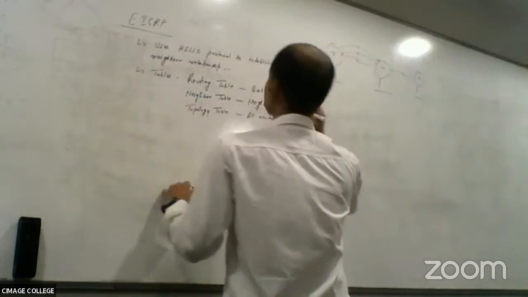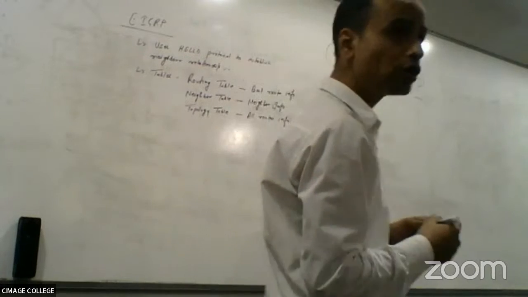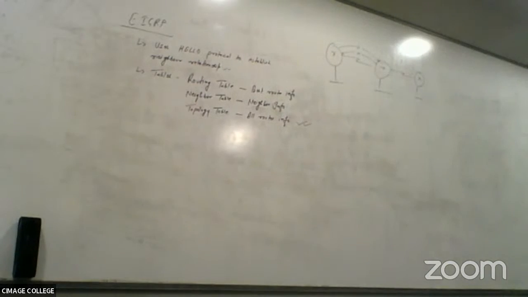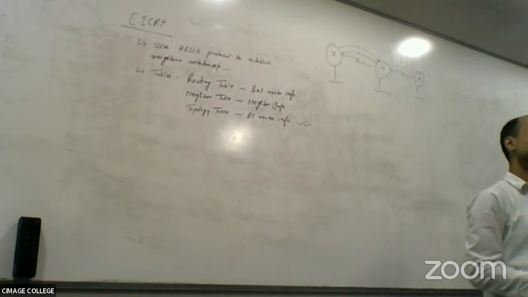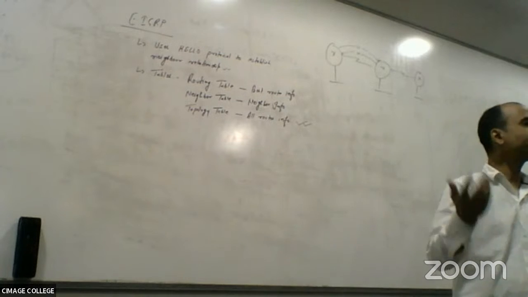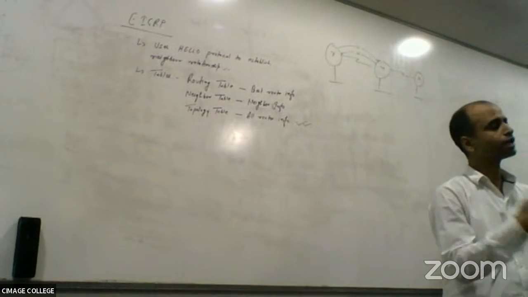So EIGRP creates a topology table in which it keeps information about all routes. In that case, if the best route is going down, it can easily switch from the best route to the second best route. Clear? It means in case of EIGRP, network downtime is very less. In case of OSPF, it will again calculate the best route, then it will switch from the best route to the second best route.